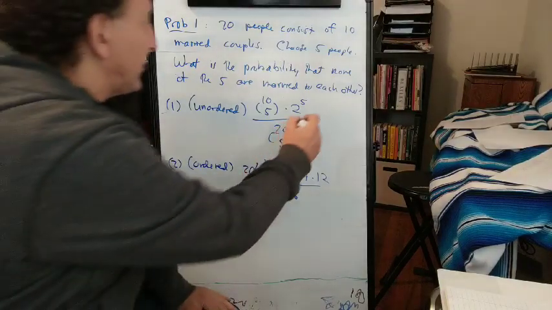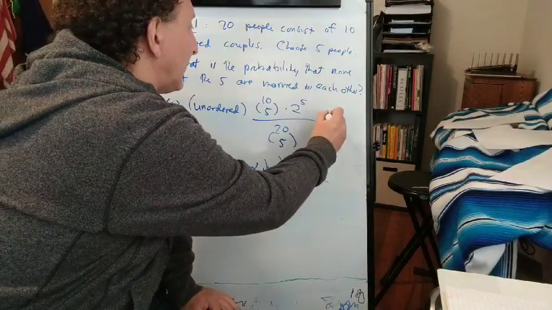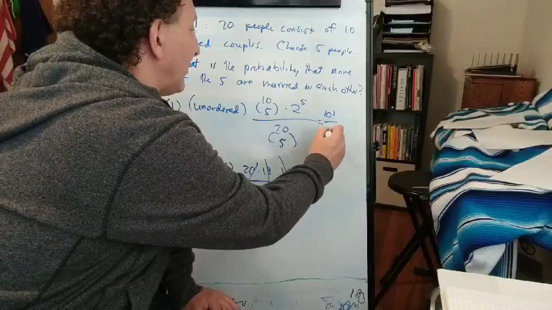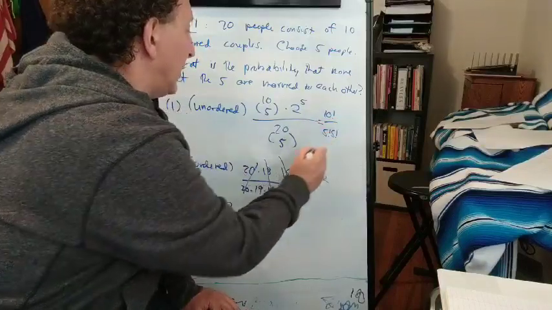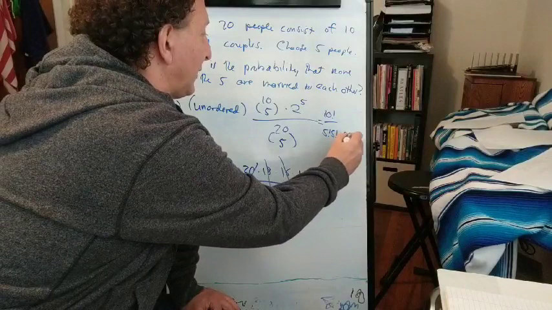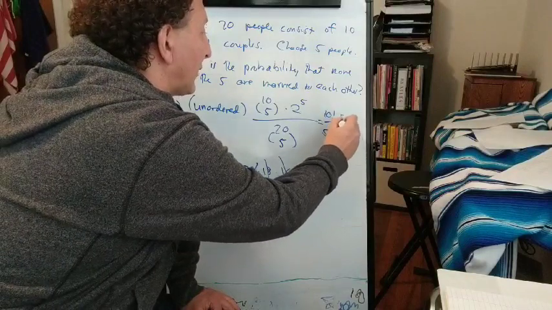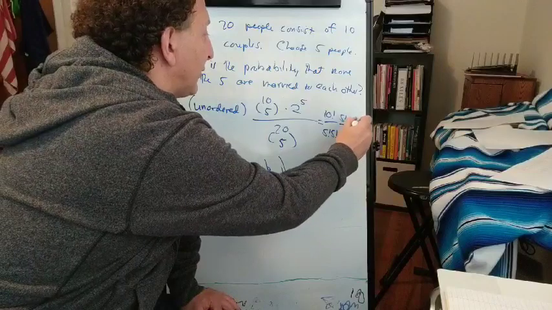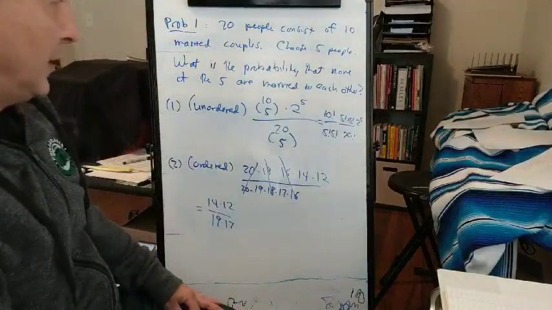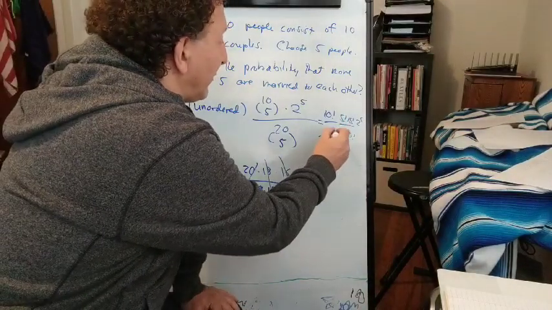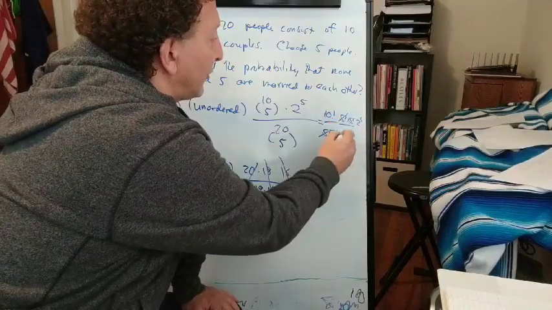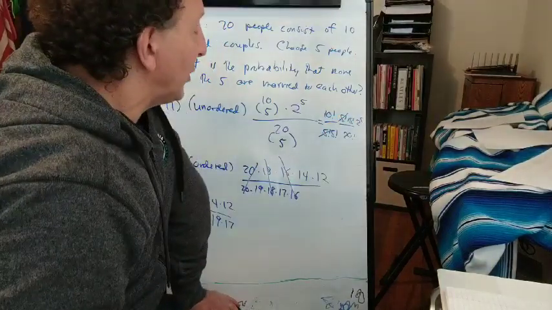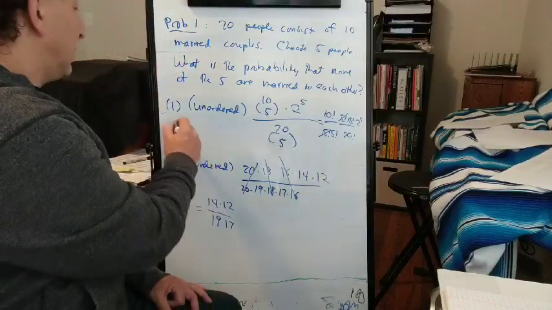Well, we have 10 factorial over 5 factorial 5 factorial, and then divided by 20 factorial over 5 factorial 15 factorial times 2 to the 5th. So one 5 factorial cancels another. 20 factorial and 15 factorial mostly cancel each other.